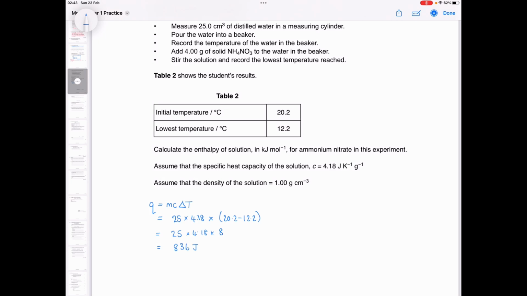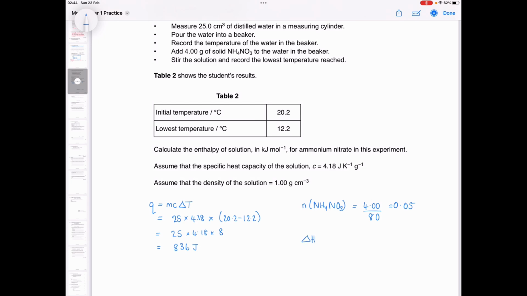Then we need to work out the number of moles of ammonium nitrate that have given that amount of energy out when they're dissolved. So that's 4 grams divided by the Mr of ammonium nitrate, which is 80, which is 0.05 moles.